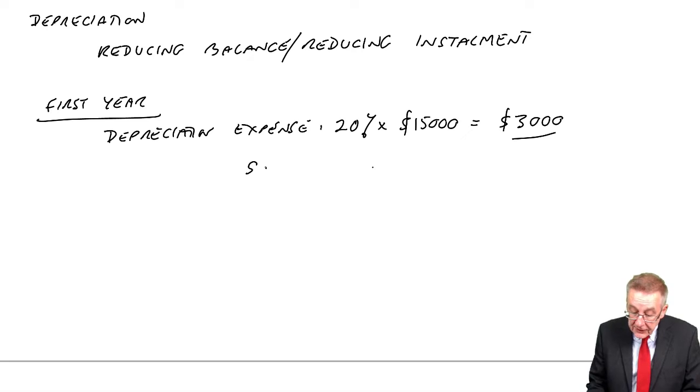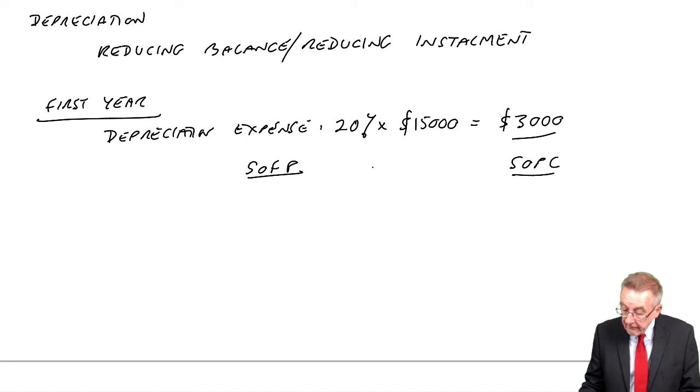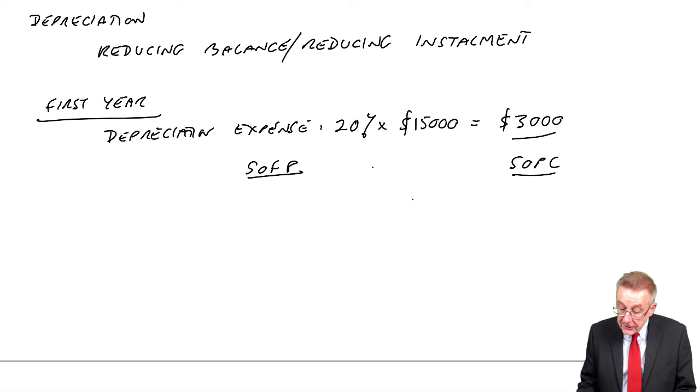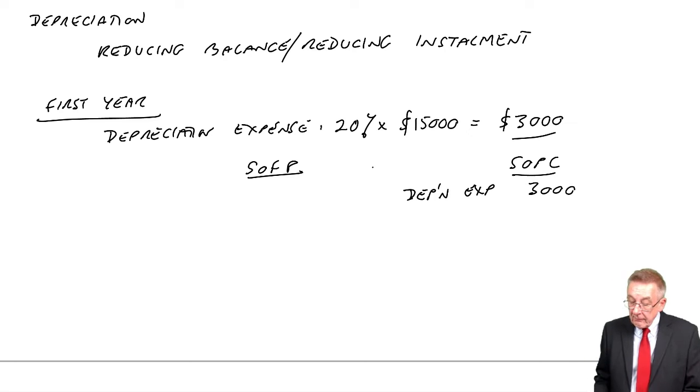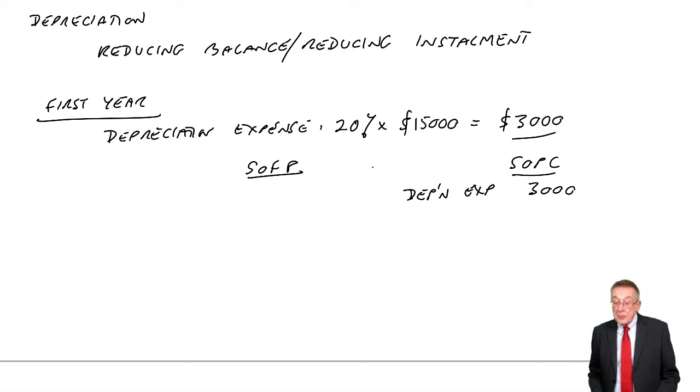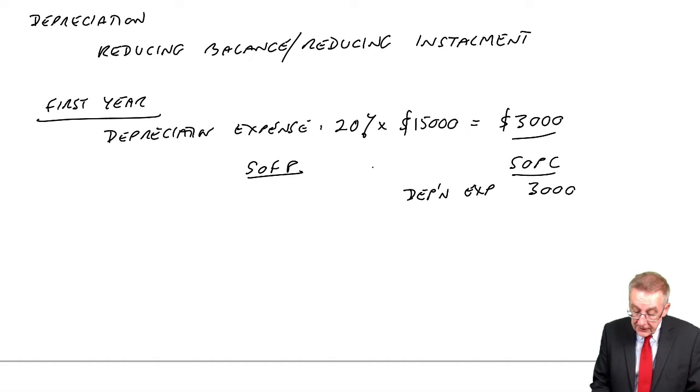And so what will appear in the statements? In the statement of profit or loss, we'll have depreciation expense, 3,000, no problem. In the statement of financial position as a non-current asset, we'll have the machine.